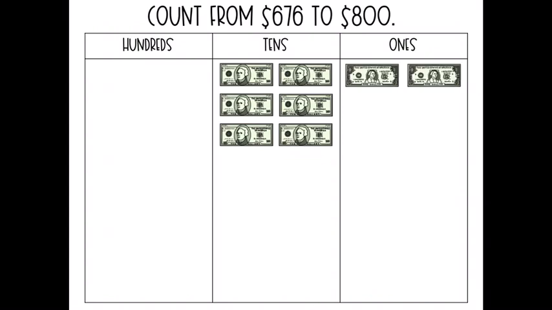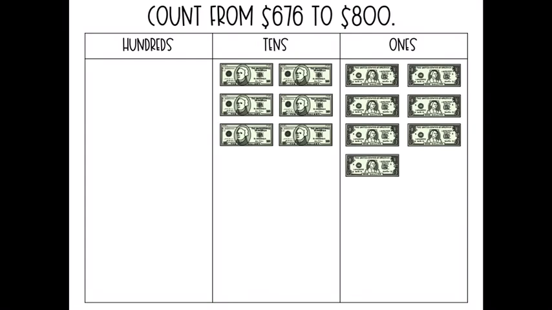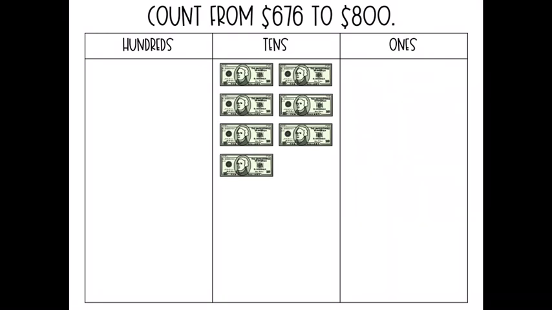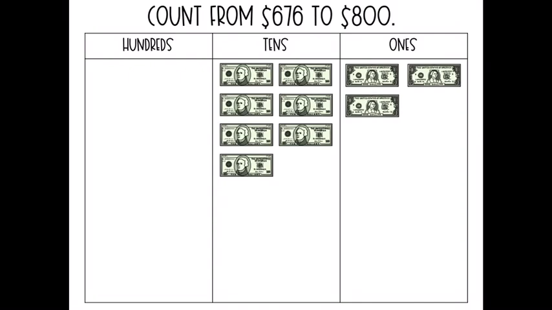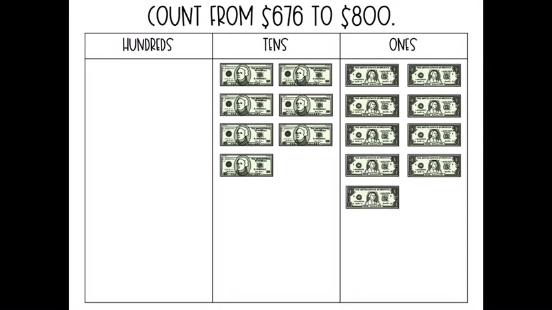737, 738, 739, 740, 741, 742, 743, 744, 745, 746. We have 10 ones, so let's make a new 10. 747, 748, 749, 750, 751, 752, 753, 754, 755, 756.